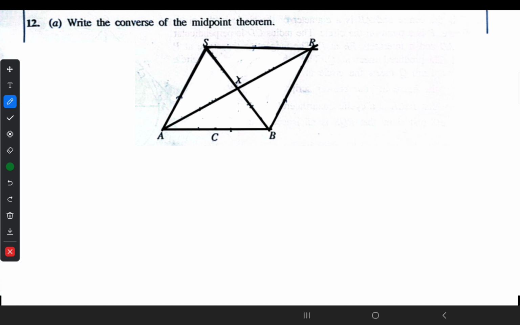Okay, SR equals AB. To show that, we can use the parallelogram theorem. We already know that according to the data, these two are equal. So first I'll write AS is parallel to BR, because previously they were given in the data.